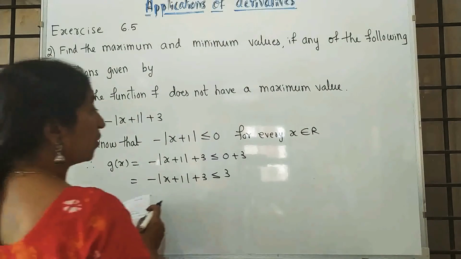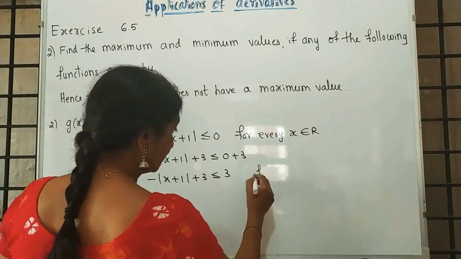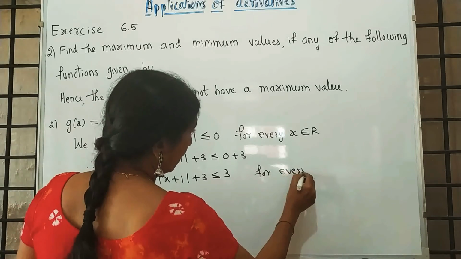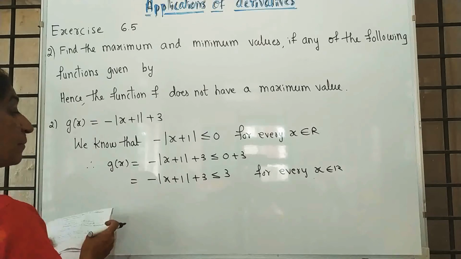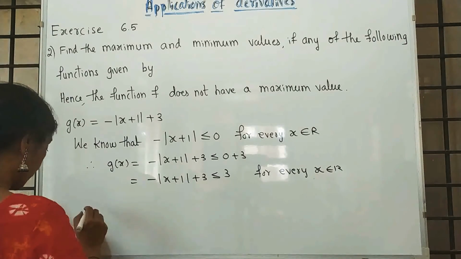So, less than or equal to 3 means what? For every x belongs to R. Here plus 3 means is it the maximum value or what? This we have to observe.